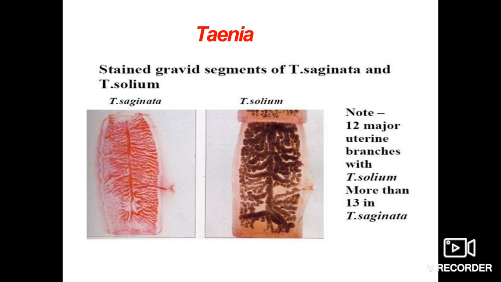Thus the three distinct proglottids are immature proglottids towards the neck, which means the youngest ones, the mature proglottids in the middle, and gravid proglottids at the posterior end. These are the three different terms used for proglottids.